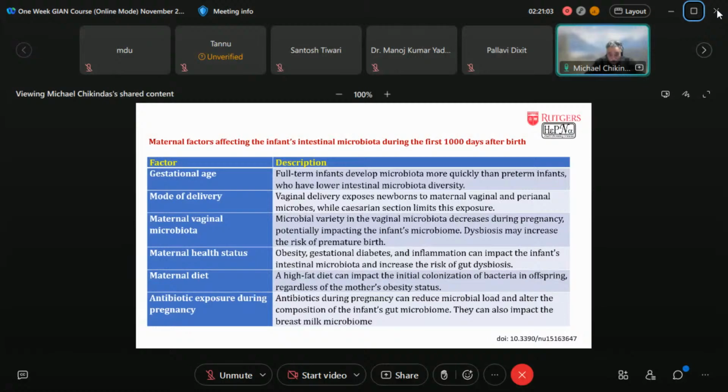The maternal vaginal microbiota and overall microbiota is a very important factor. I know more than a few cases when mothers-to-be, pregnant women, were experiencing some infection during the late stages of pregnancy and were prescribed antibiotics. Basically, these antibiotics helped pregnant women to recover, but they had a really bad impact on the microbiota.